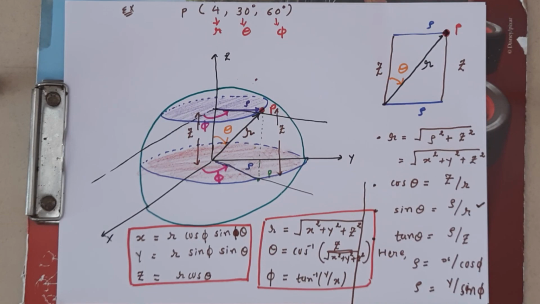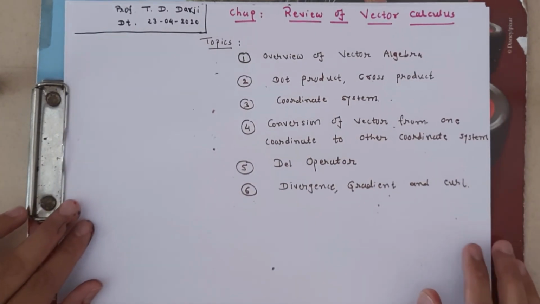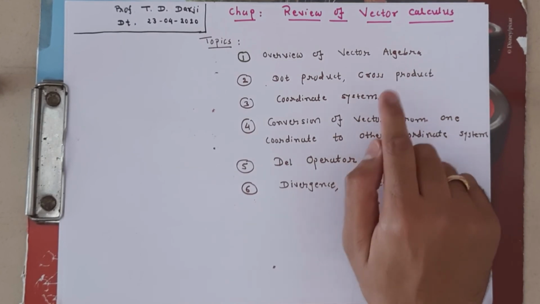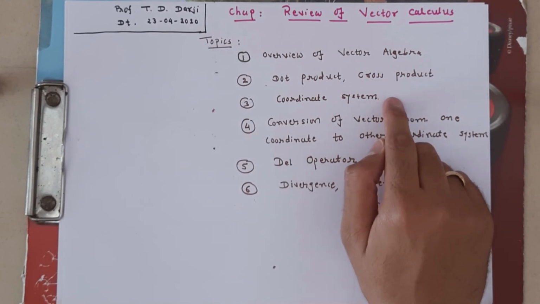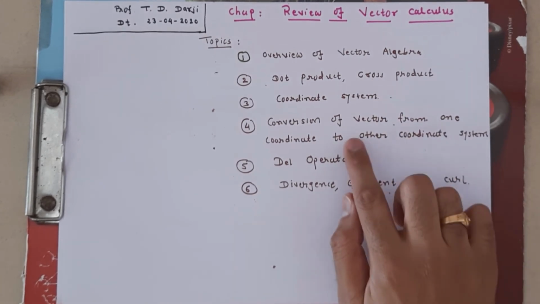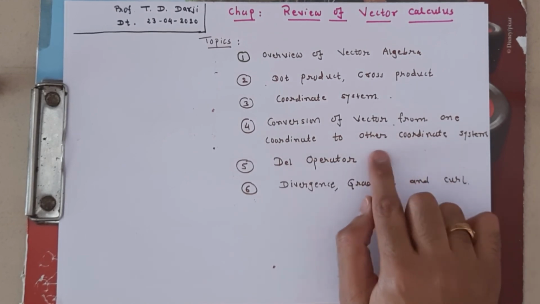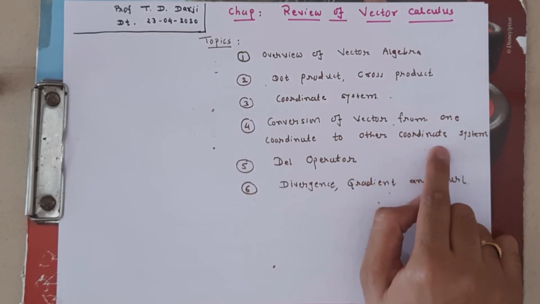Now we have completed this topic: overview of vector algebra, dot product, cross product, coordinate systems. First is Cartesian coordinate system, second cylindrical, and third spherical coordinate system. In the next lecture we will discuss how to convert a point and vector from one coordinate system to another coordinate system. Thank you.